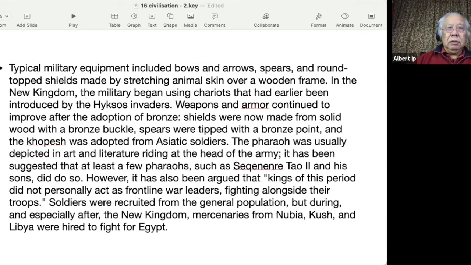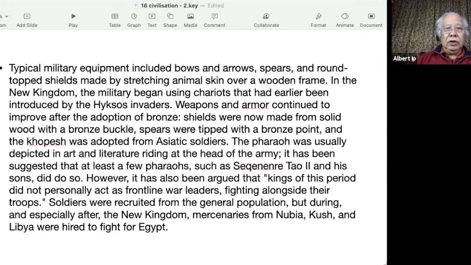Typical military equipment was bows and arrows, spears, and shields made by stretching animal skin over a wooden frame. Later on, weapons continued to improve after the adoption of bronze.